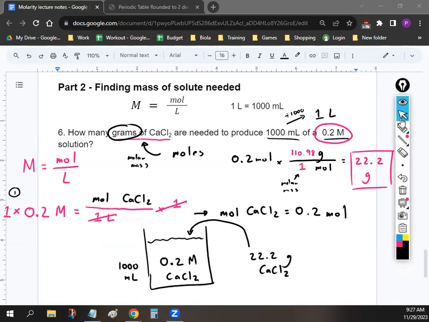Okay, so we're going to talk about that more in detail when we meet on Friday. But that's basically what the purpose of this calculation is, to figure out how much of a chemical you need to dissolve in order to make the solution that you want. Okay, so here, since I want to make 1,000 mils of a 0.2 molarity solution, I need to put in 22.2 grams of CaCl2. Okay.